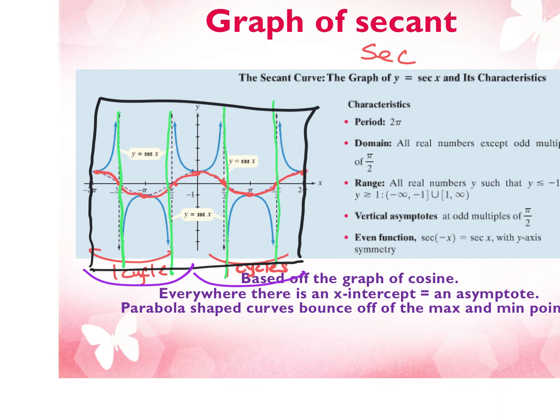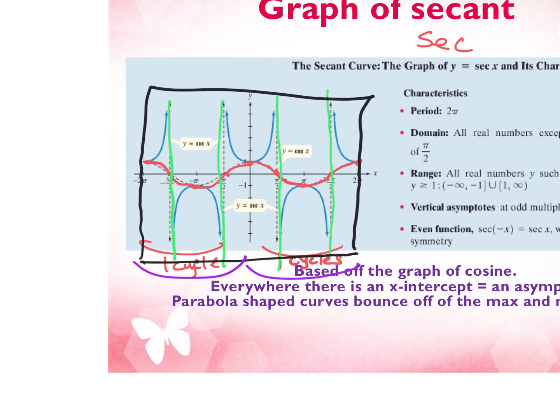Now again, at each of these maximum and minimum points, you're going to add in your parabola shape. Now notice here, you've only got part of it. The other part would have been over here, but that's out of my cycle. I don't need to see that because I only want from 0 to -2 pi and then from 0 to 2 pi.